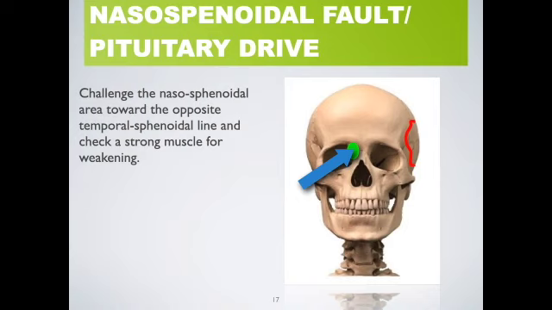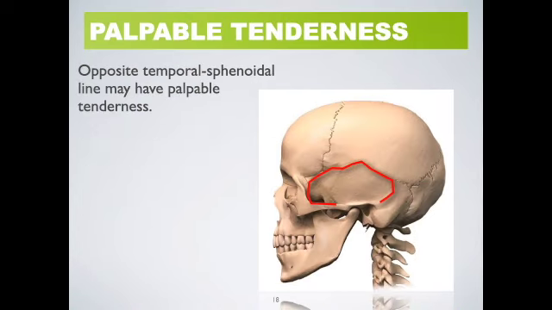We challenge, strong indicator muscle weakens, and then there's a phase of respiration. Usually it's inspiration will negate the challenge. Palpable tenderness often found along the TS line area opposite to the challenge.